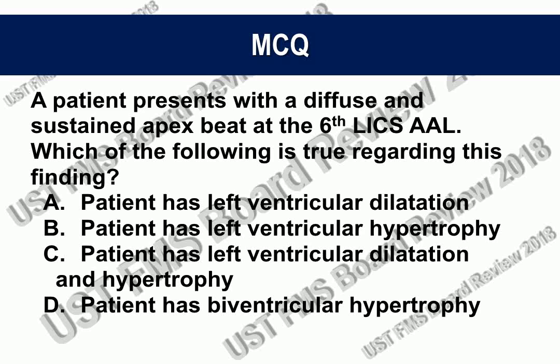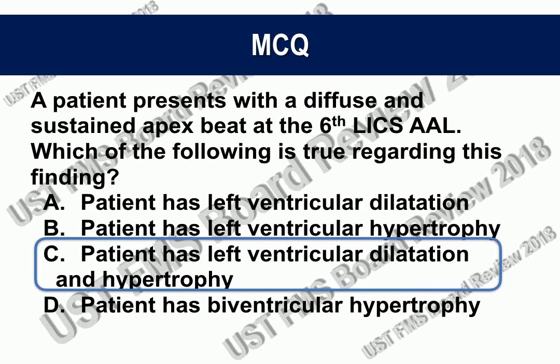If you recall, if you have a diffuse and sustained apex beat, this reflects left ventricular hypertrophy. On the other hand, a displaced apex beat laterally and downwards to the 6th left intercostal space anterior axillary line reflects left ventricular dilatation. Therefore, this finding is consistent with a combination of left ventricular dilatation and hypertrophy.